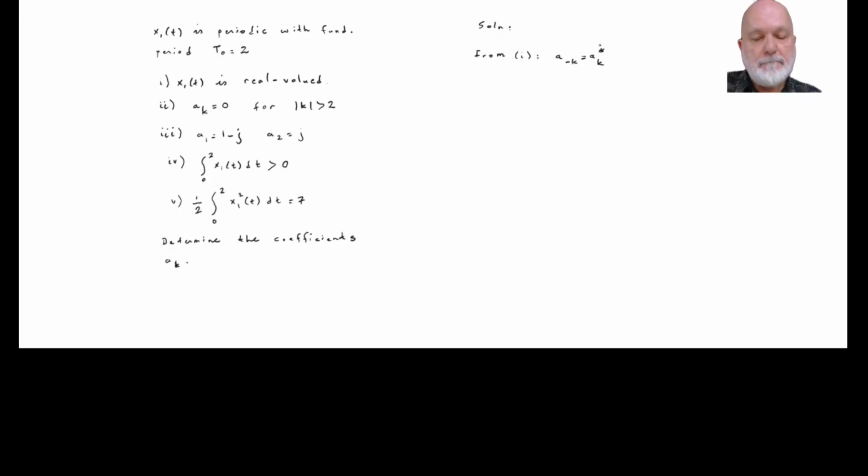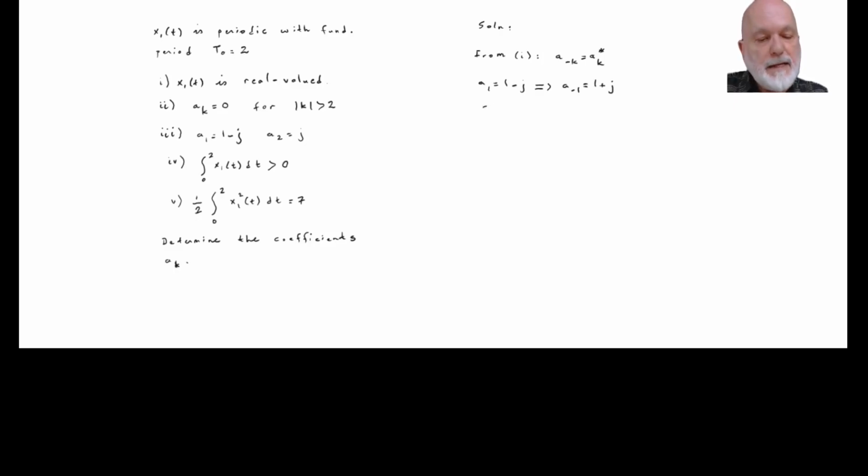So, a1 is given as 1 minus j. From the property of the Fourier series coefficients for real valued signals, a minus 1 is equal to 1 plus j.